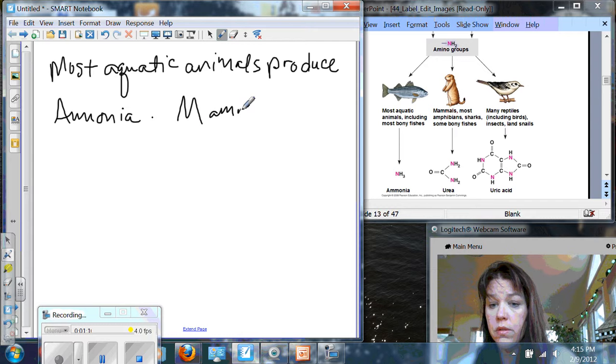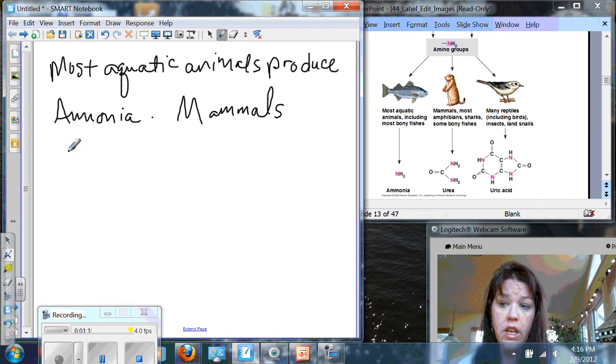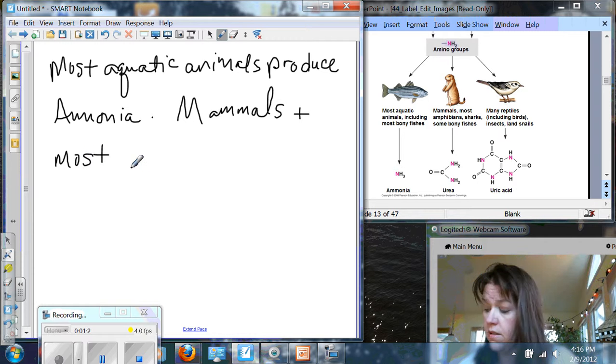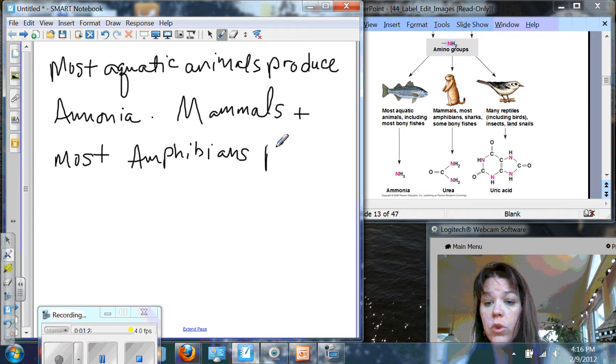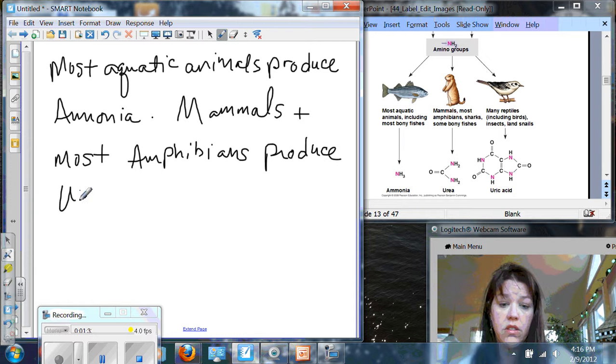Mammals and most amphibians produce urea.